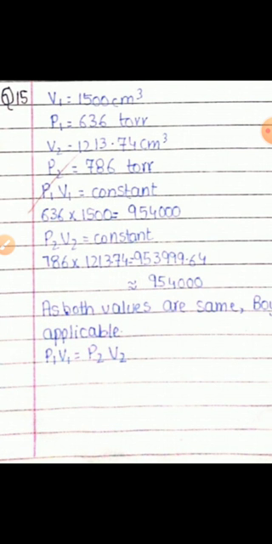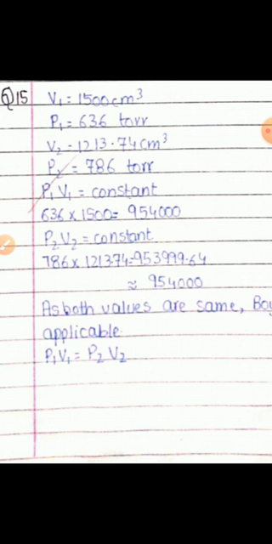Volume is given, that is the initial volume V1, 1500 centimeter cube, and the unit of pressure is torr, and the pressure P1 is 636 torr.